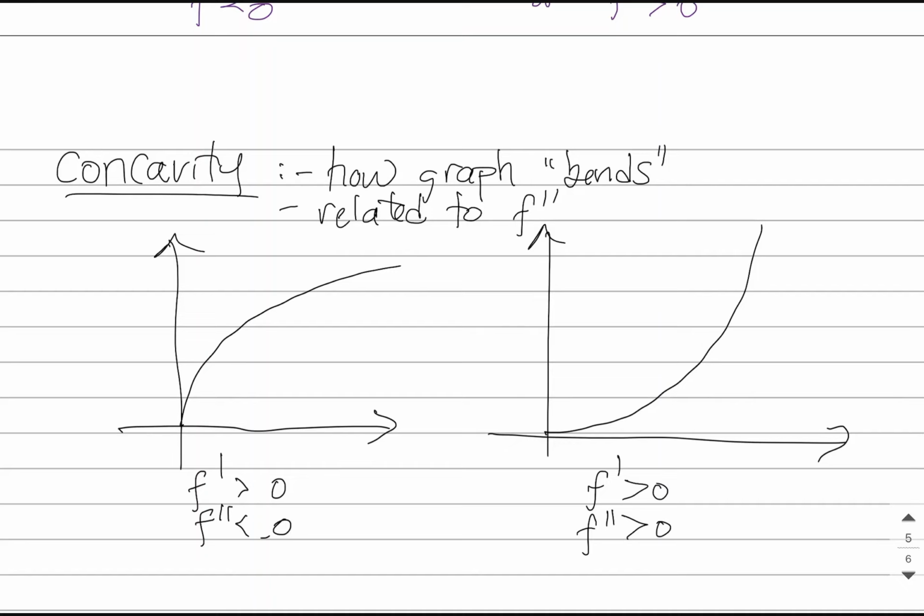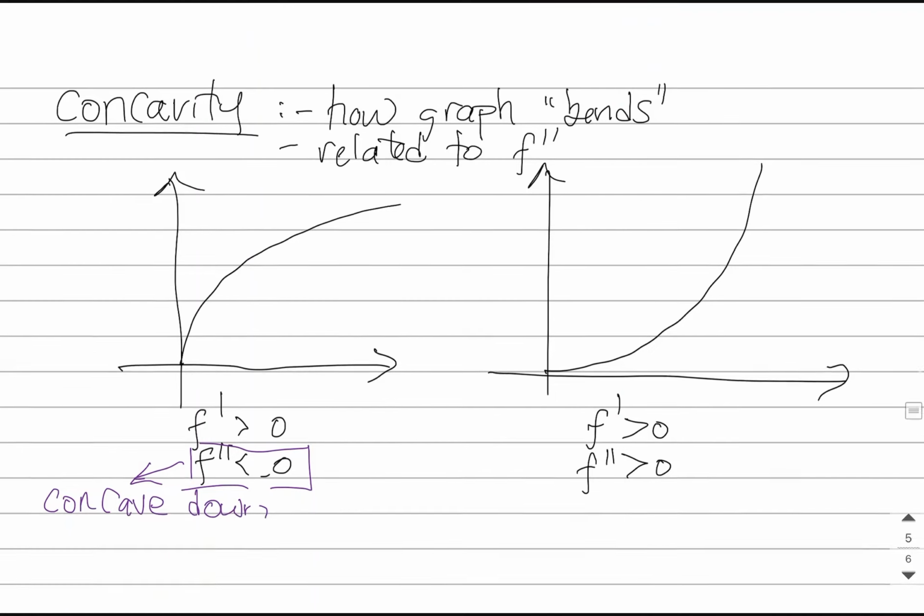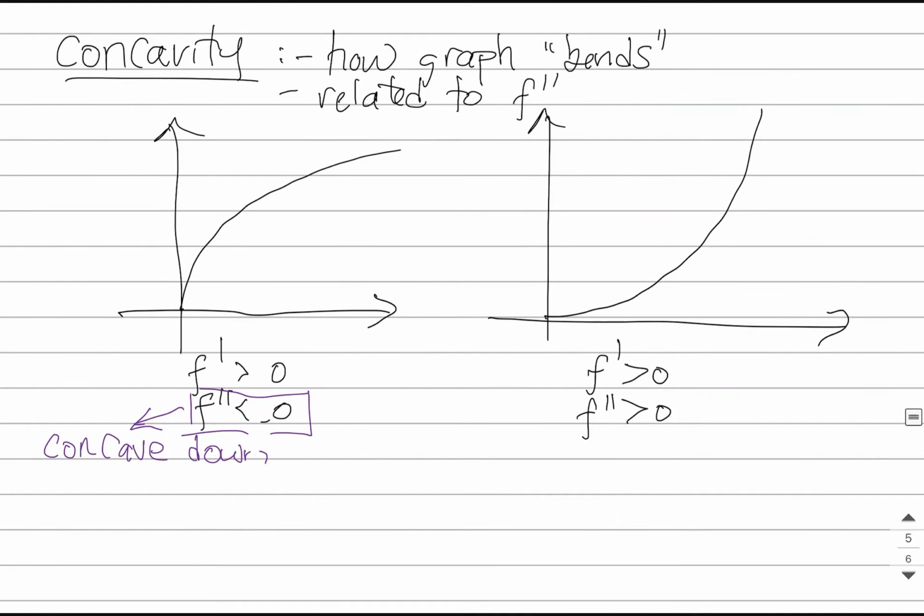This case, with the second derivative negative, I'm going to call concave down, and the reason is that you could imagine the graph like a frowning face, opening downward.